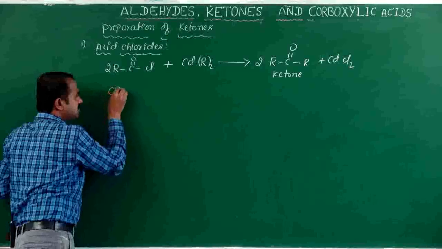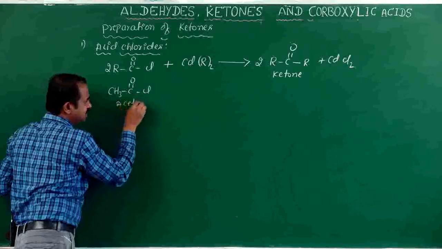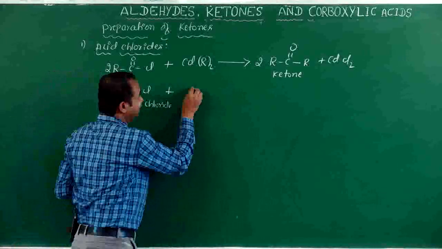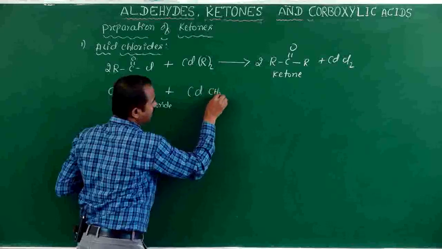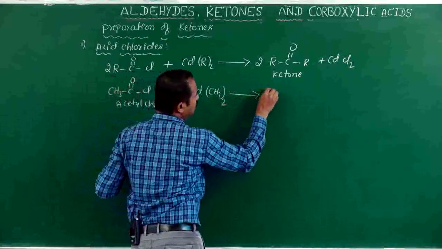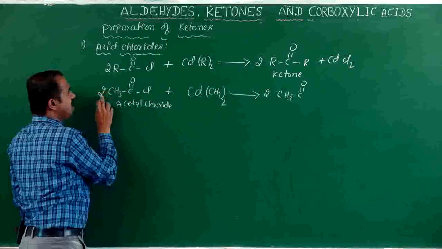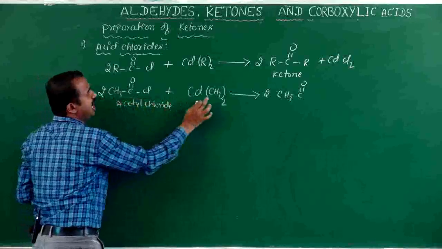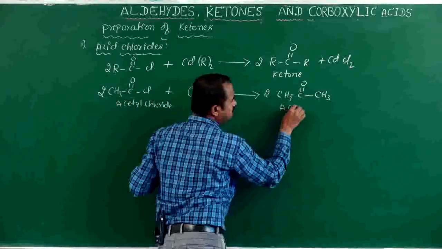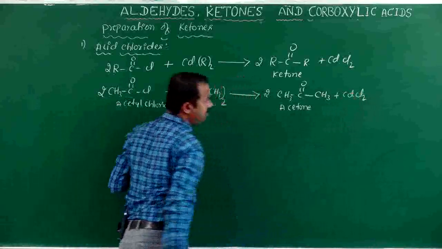Here is an example: acetyl chloride reacts with dimethyl cadmium to form 2 molecules of CH3COCH3, that is acetone, plus cadmium chloride.